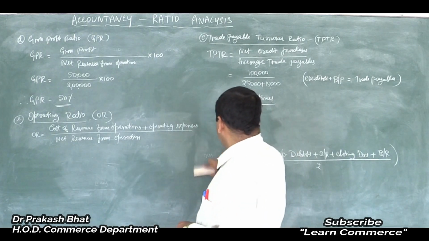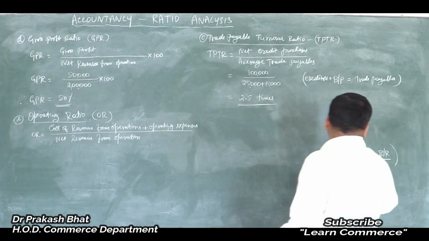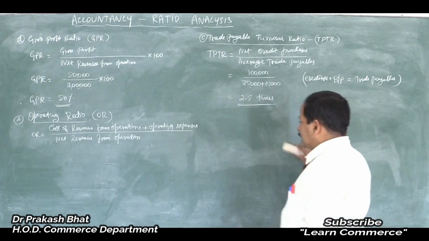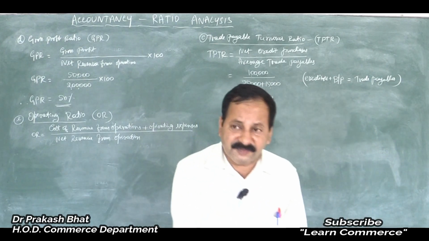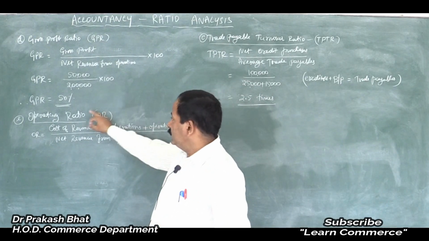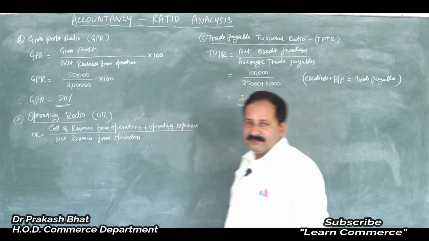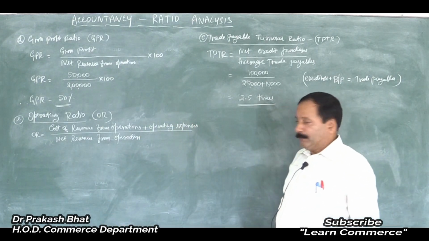Remember friends, whenever you multiply by 100, you have to represent the answer in the form of a percentage. See here, gross profit, you multiplied by 100, so you are representing it as a percentage, not like 50:1. No, don't write like that.